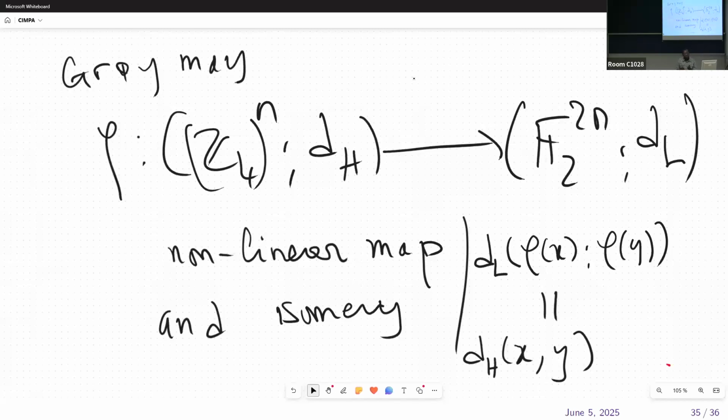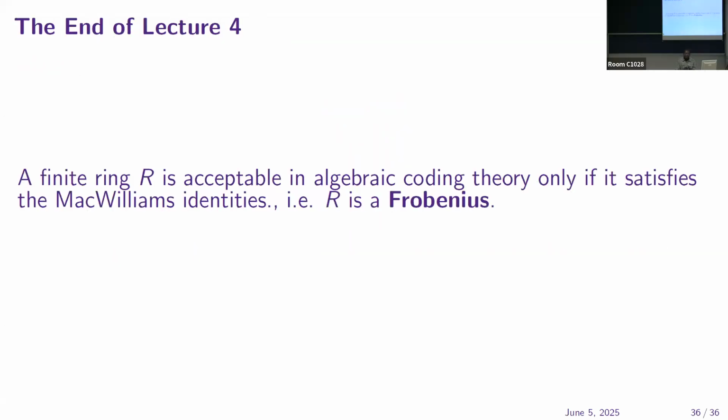The Gray map was generalized to any finite ring.